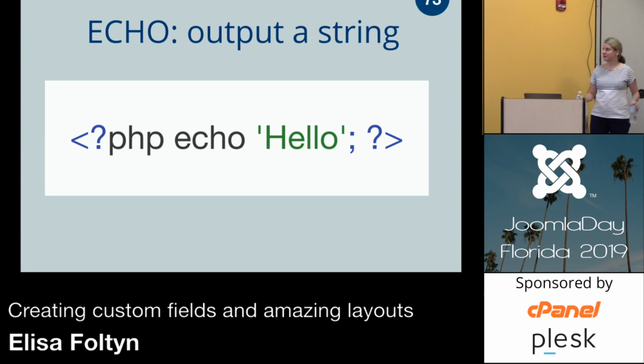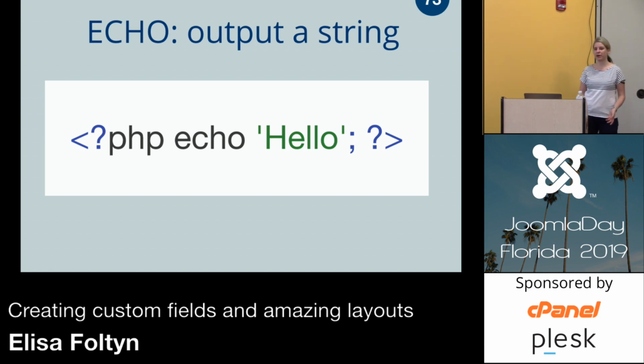To output a string, you just write the PHP braces. That's always just before PHP code and afterwards. Question mark PHP, that's the beginning. Question mark and closing is the end. And in between, I just write now echo hello. What does this do?